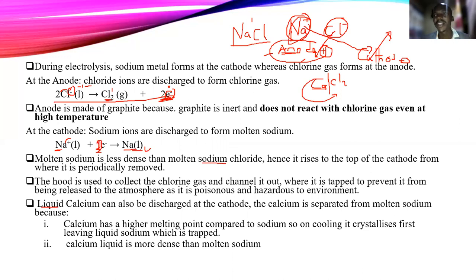So we will have two ions discharged there, calcium and sodium, but our main interest is to extract sodium. So what will make it possible for sodium to be collected or tapped out in preference to calcium? These are the reasons. Calcium can also be discharged at the cathode.